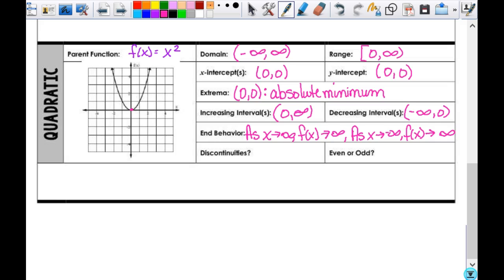Are there any discontinuities? Nope, none. Is it even or odd? It is even. Of all this stuff we just filled in for the quadratic, was any of it different than the absolute value function? Nope. The only thing that was different was the actual function itself, right? Okay, but it has some of the same properties there. And it's even because if we substitute it in, it would work too.